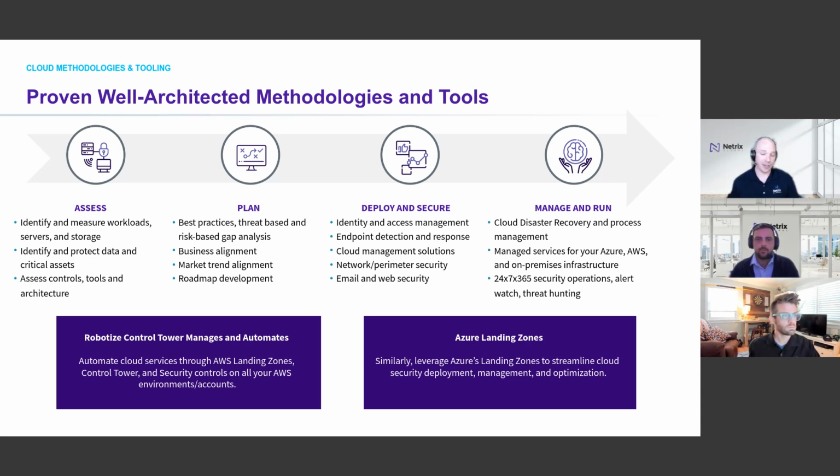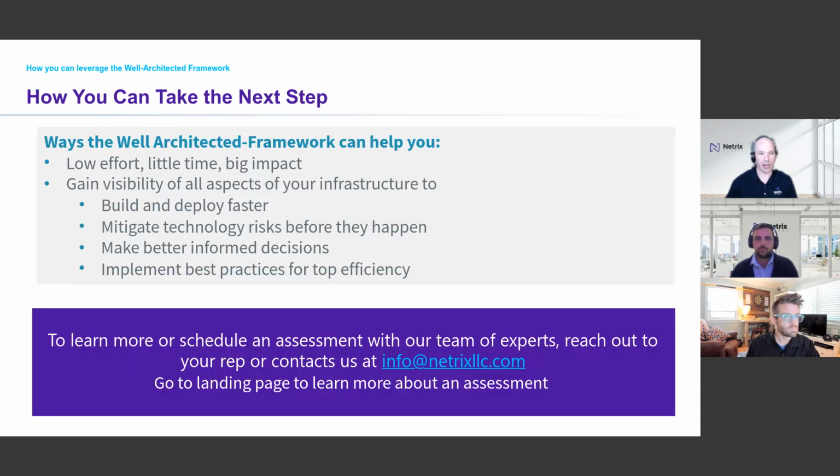On the Azure side, we have the exact same thing called Azure Landing Zones, and that is our capability of taking a management hierarchy comprised of multiple management groups and subscriptions, and then also putting those guardrails around that using tools like Azure Policy and role-based access control to ensure that those are deployed per best practices.